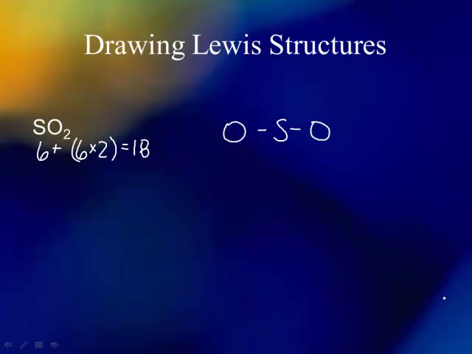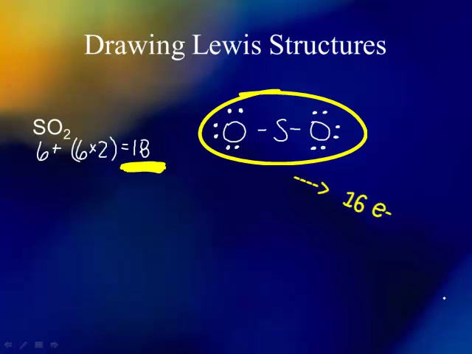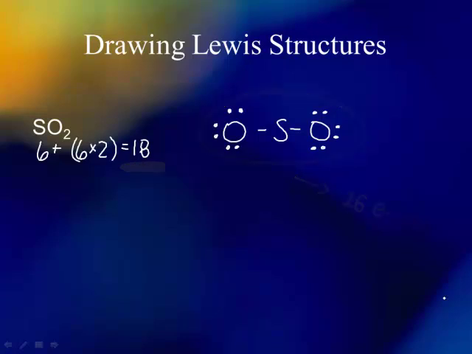Complete the octets of the outside atoms. Do we have electrons left to draw? Yep. We need to place 2 electrons on the central sulfur atom. We have all our electrons drawn now.